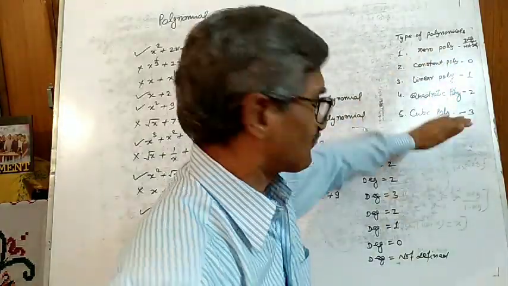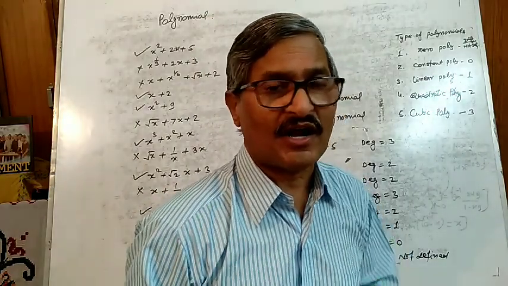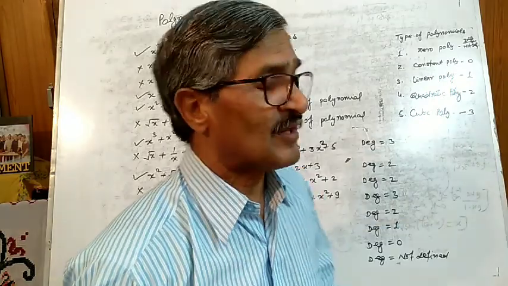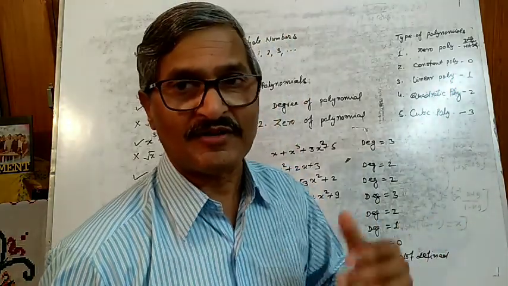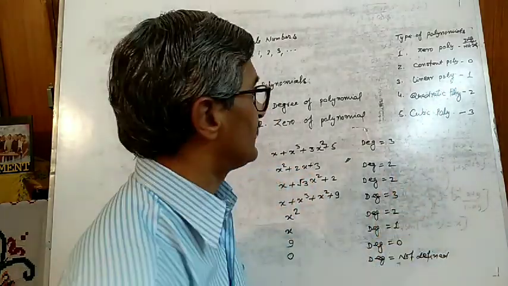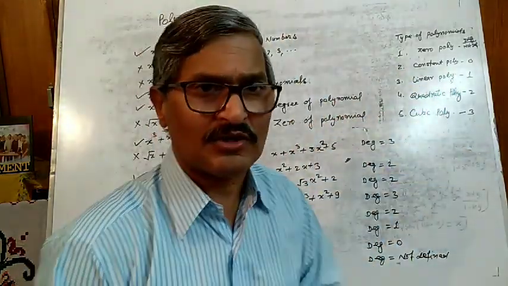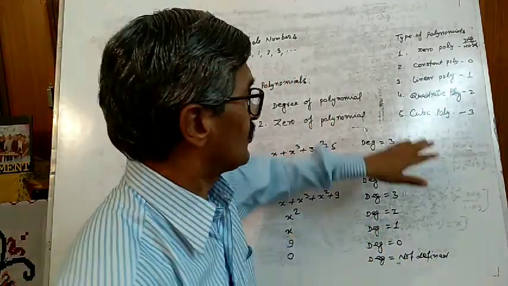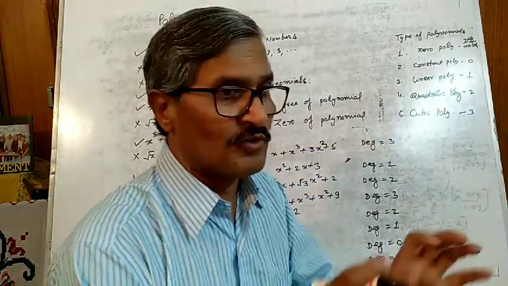And further, after cubic polynomial, if we have to name, then we will say polynomial with degree 5, polynomial with degree 6, polynomial with degree 7. So up to cubic polynomial will be involved more in your course. So you must remember these names, because somewhere it will be written cubic polynomial.